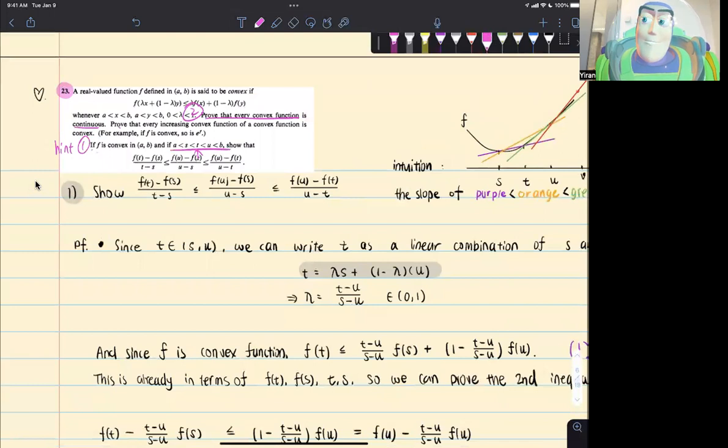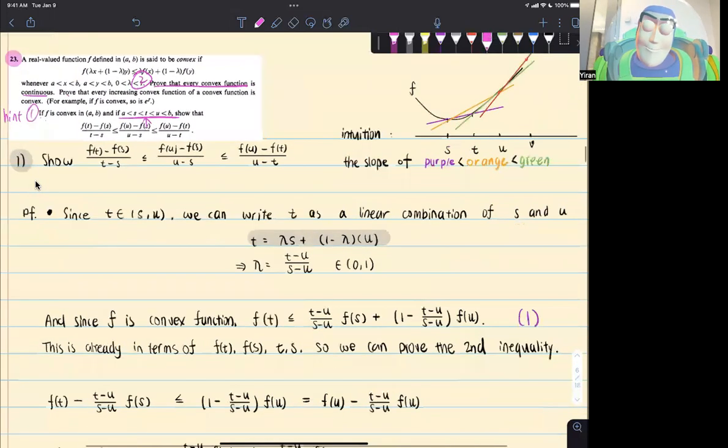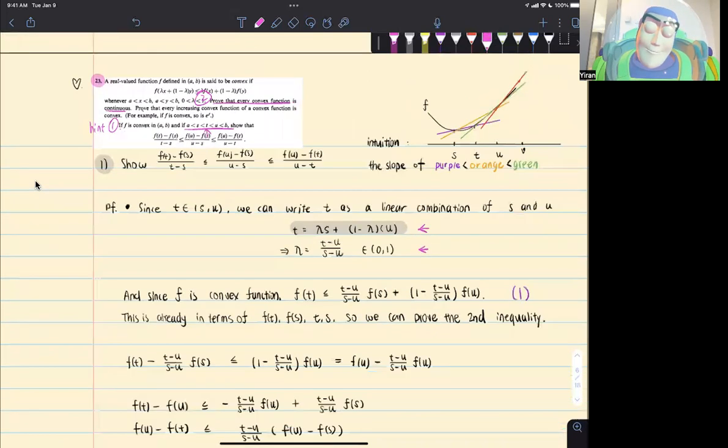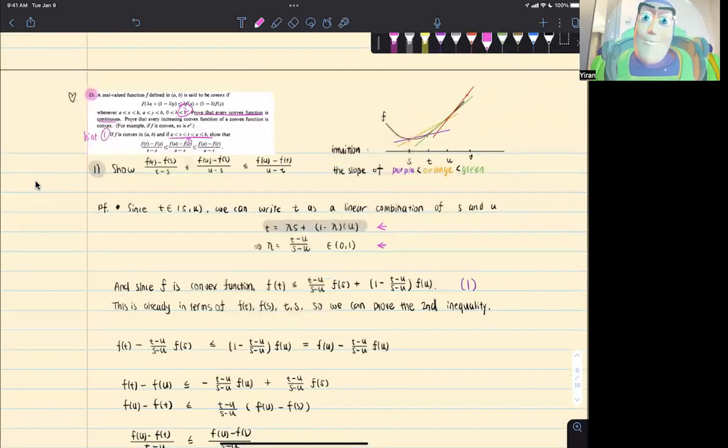That means you can write T as a linear combination of S and U. So for example, I write T in this way, and for the corresponding lambda you can rewrite it to find the expression for lambda.